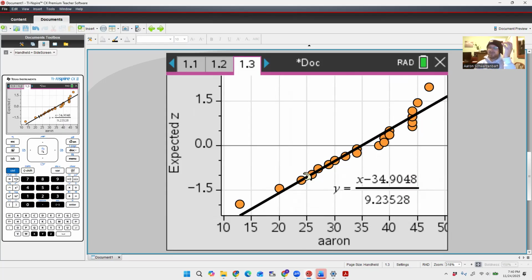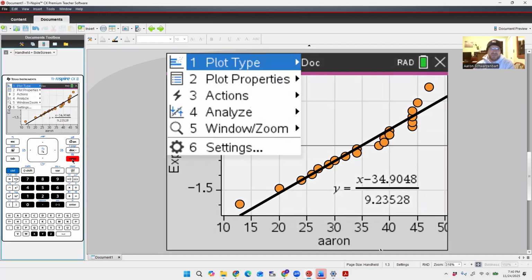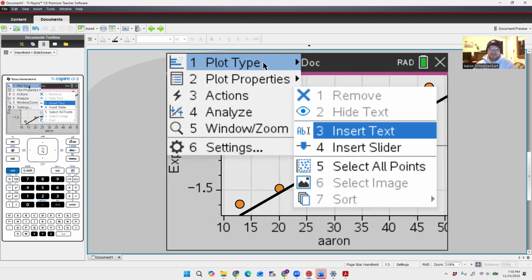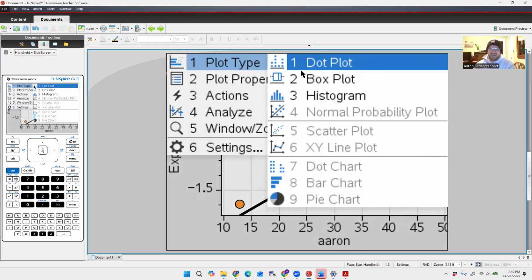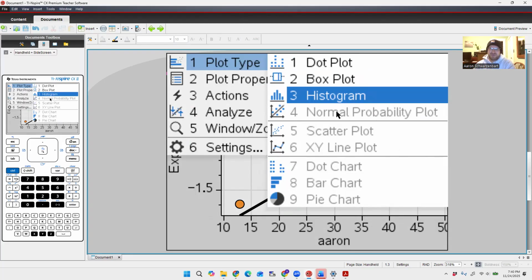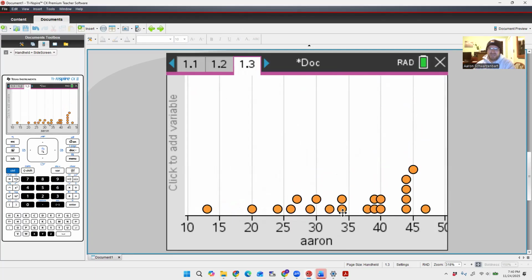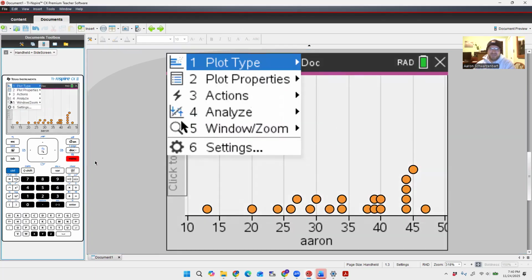It's not super good. But it worked. It's somewhat normal, which is often all we'll need. So I did that again by plot type. I just put Hank Aaron on the x-axis, did plot type, and then selected normal probability plot. I could go back to my dot plot, which is the default.